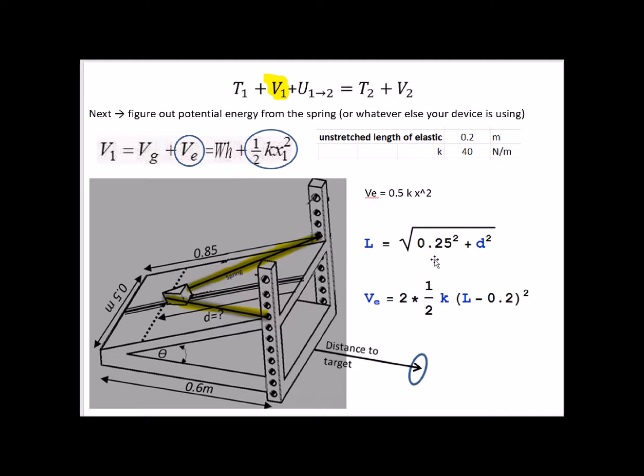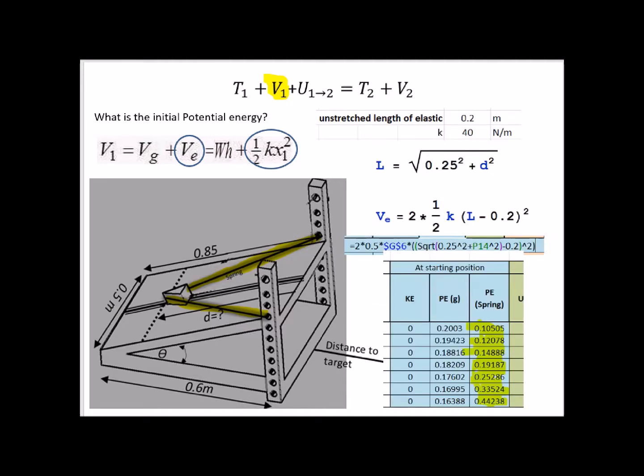So if this is 0.5 meters, there's 0.25 meters squared, and the distance it's stretched back to. And we're going to need to take that length, subtract off the unstretched length of the spring, which I have as 0.2. So even at the very top, it'll still have a little bit of stretch in it. So there is the potential from the spring.